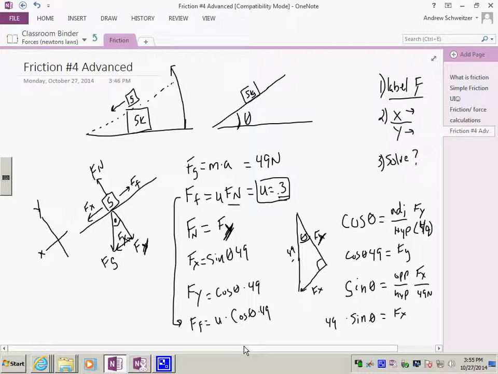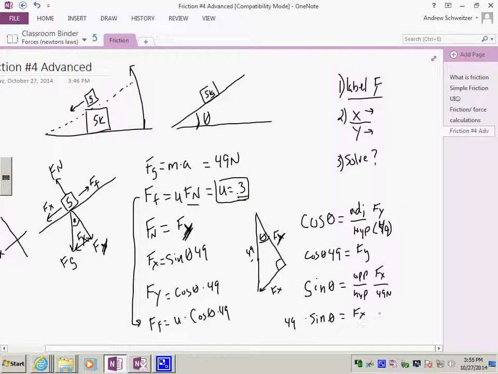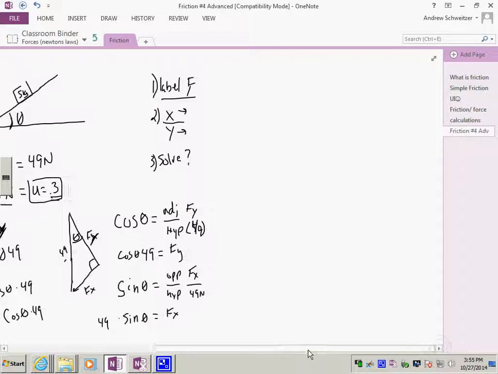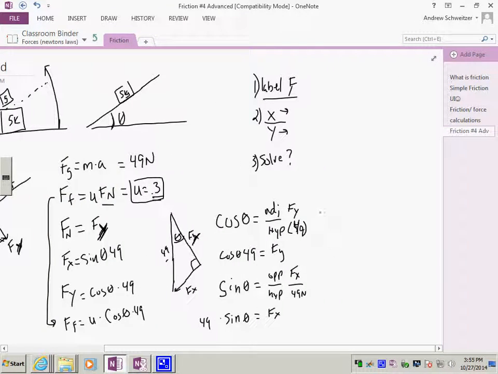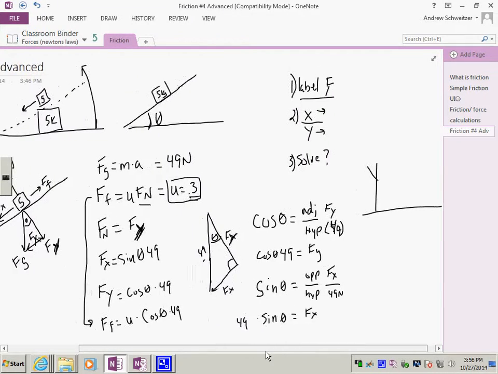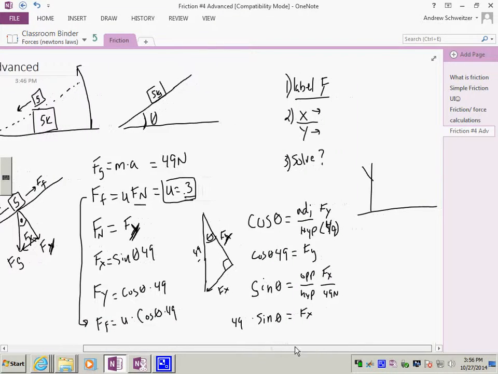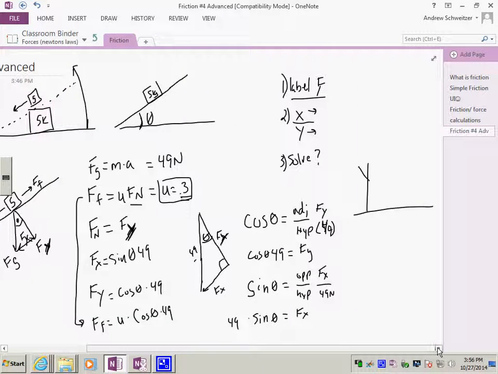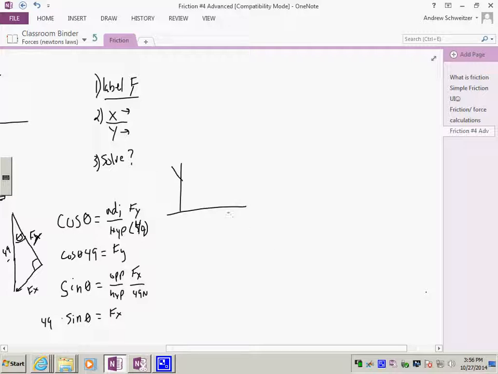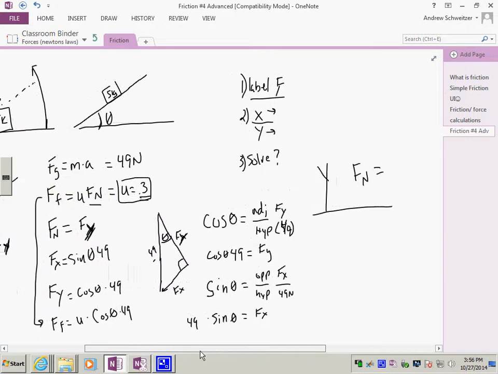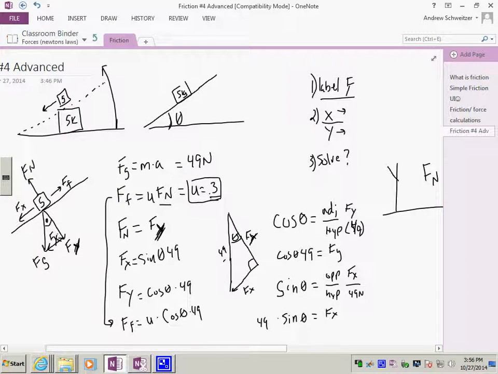Now let's take a moment and look at my x and y components and see what we all have here. In the y component, the box is not leaving the surface, so I have balanced forces. The normal force equals the force that's opposing it, which is the component of gravity.